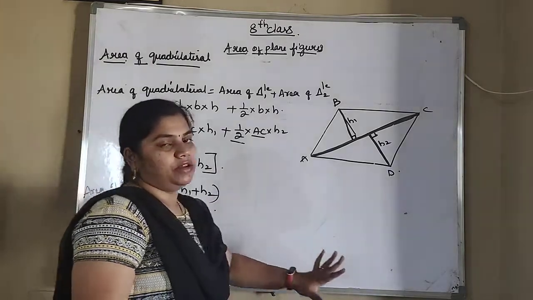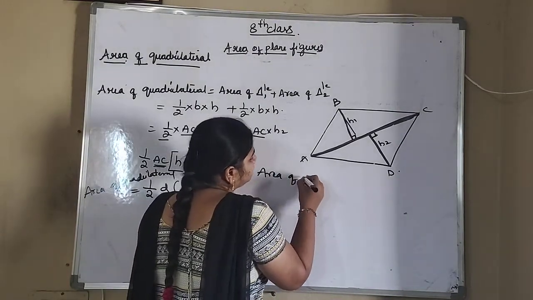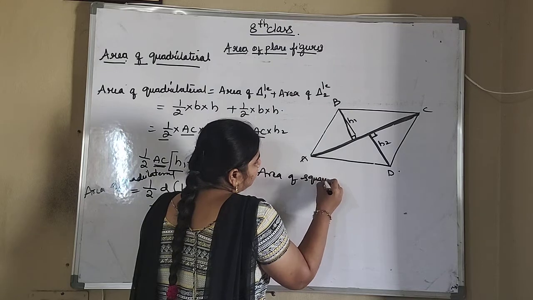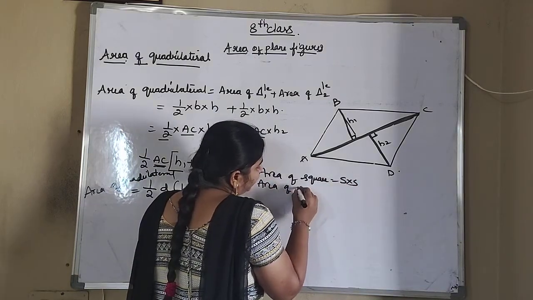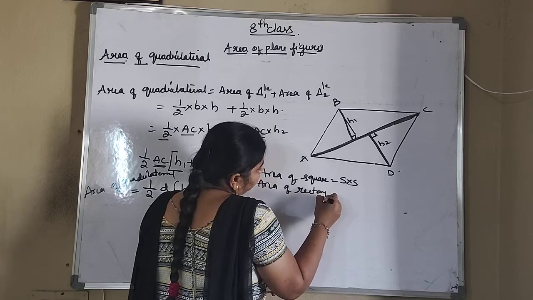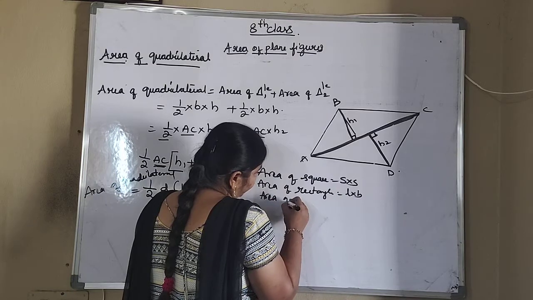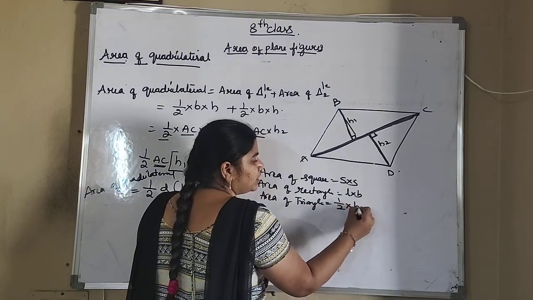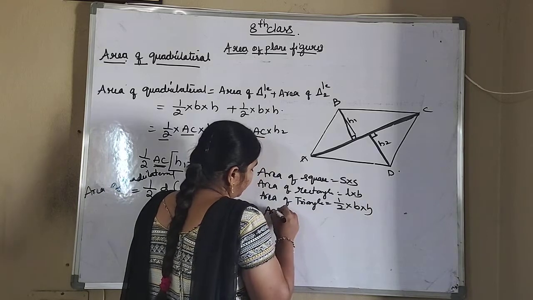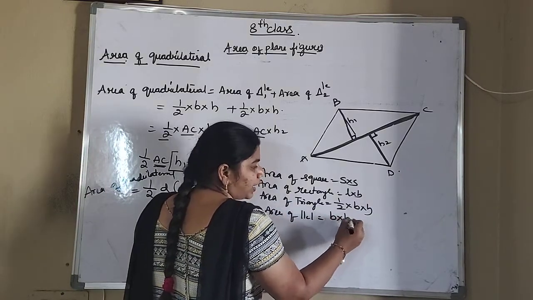Till now, how many formulas have we learned? Area of a square is side into side. Area of a rectangle is L into B. Area of a triangle is half into base into height. Area of a parallelogram is base into height.